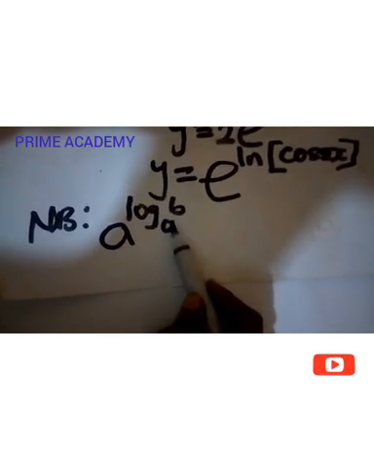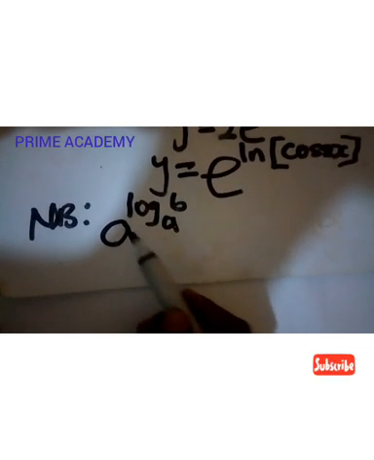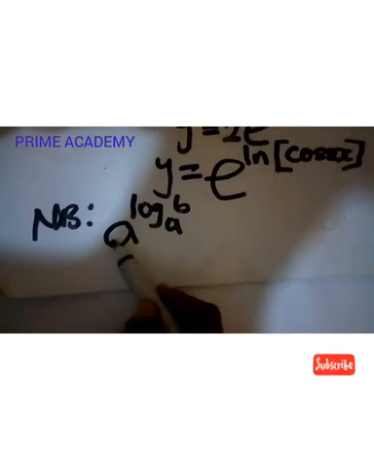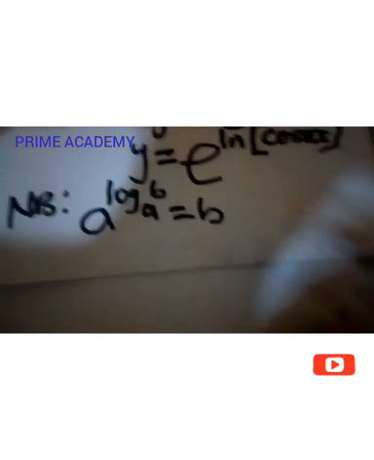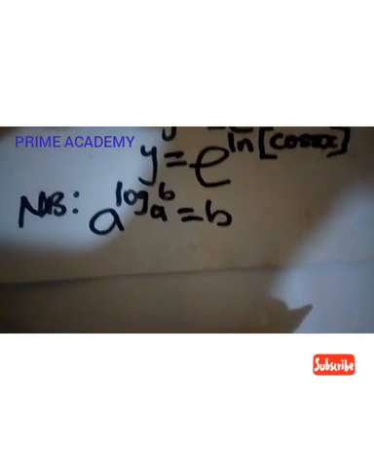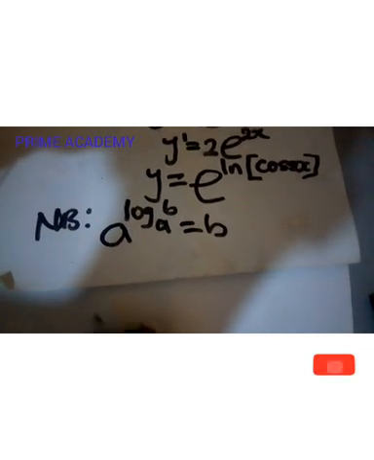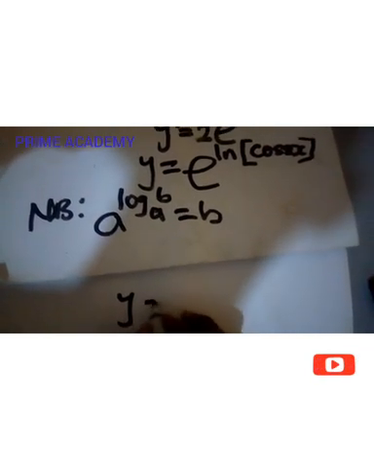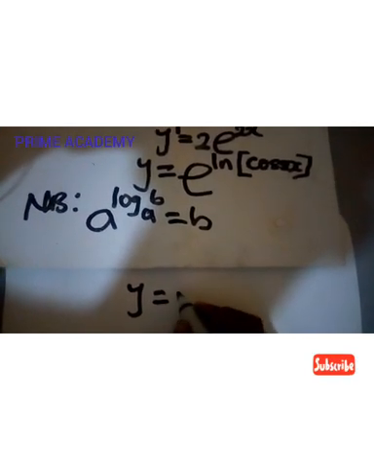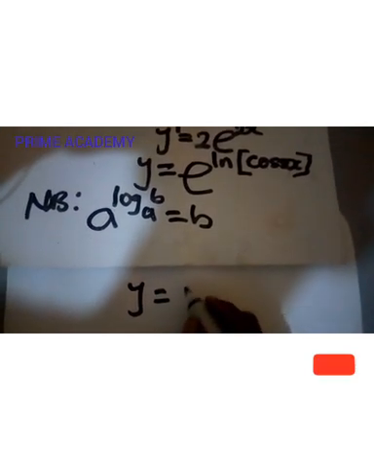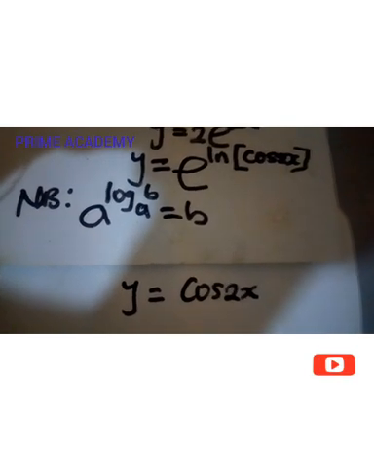Whenever you have something like this, be it e, it should be e and e, and the result is the same as b. Using that concept, y reduces to a simpler function. So y becomes cos 2x.